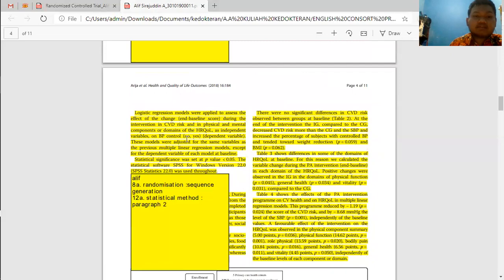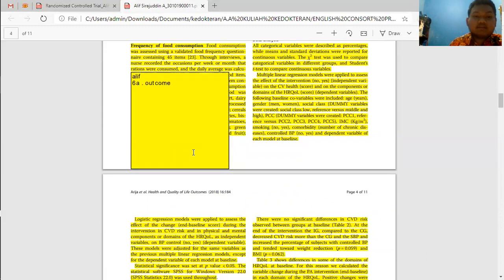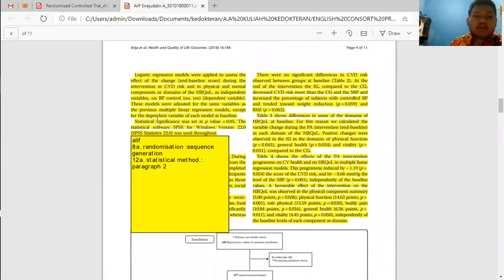Okay, next is the data analysis. Here it includes item 8A, about randomization, the sequence generation, the method used to generate the random allocation sequence.